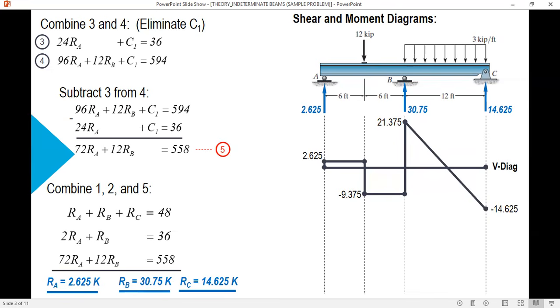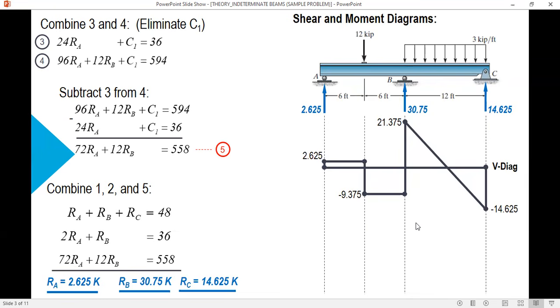Now, remember that from the relation among load, shear, and moment, if the load diagram is a uniformly distributed load, the shear diagram is a straight line. Okay. So, after this, we apply the reaction at C, 14.625 upward. So the shear diagram closes.